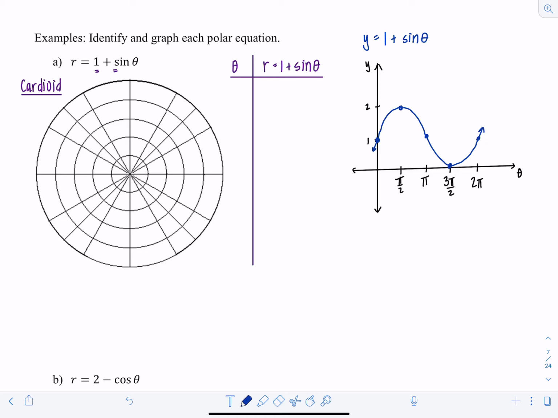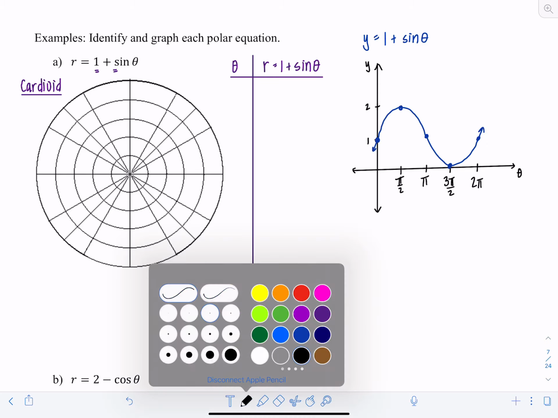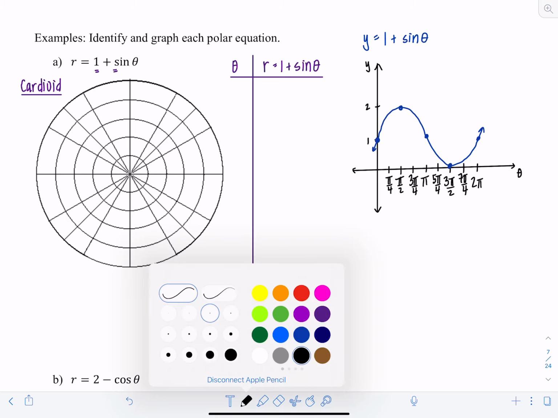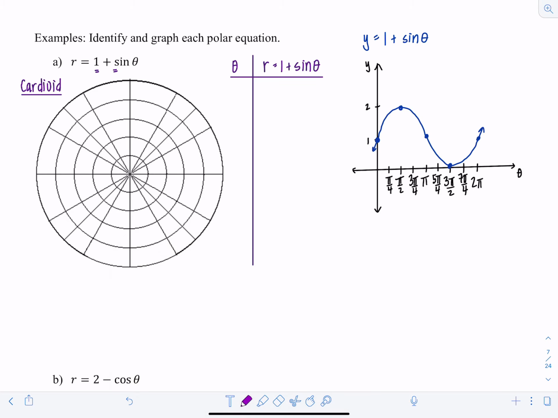So let's get the points from here for our graph. Like this is pi over 4, right? This is 3 pi over 4. This is 5 pi over 4. 7 pi over 4. Okay. And when you're first getting started, it's helpful to plug in quite a few values.